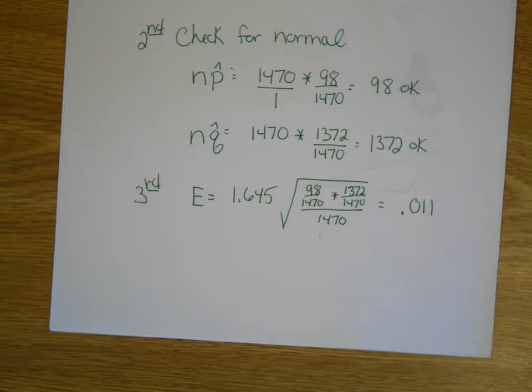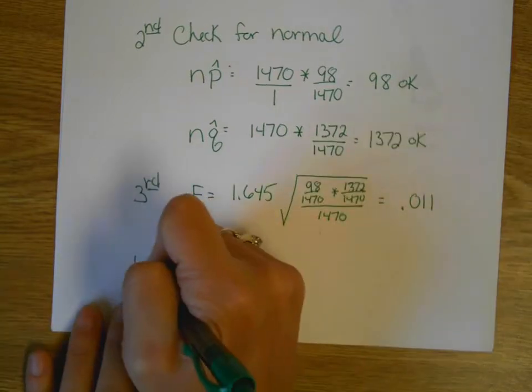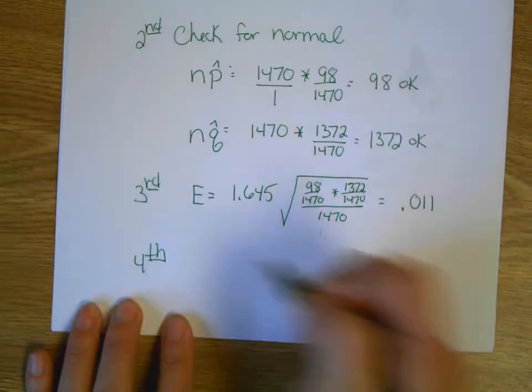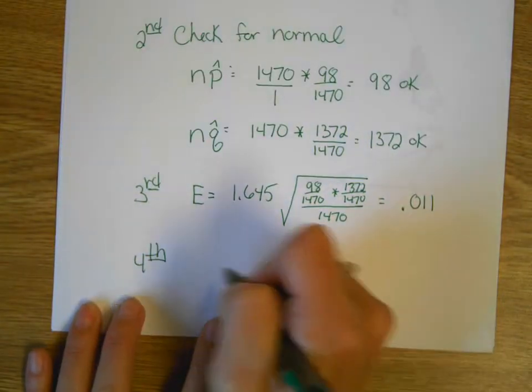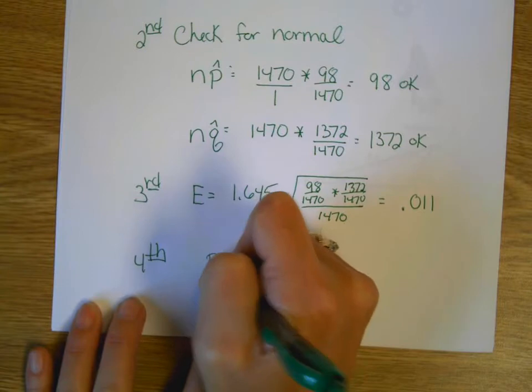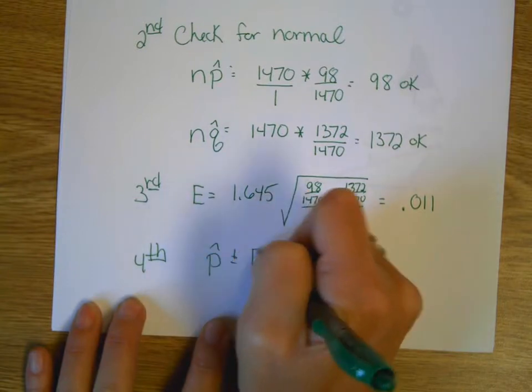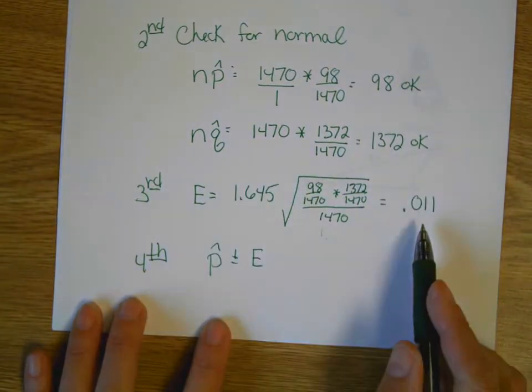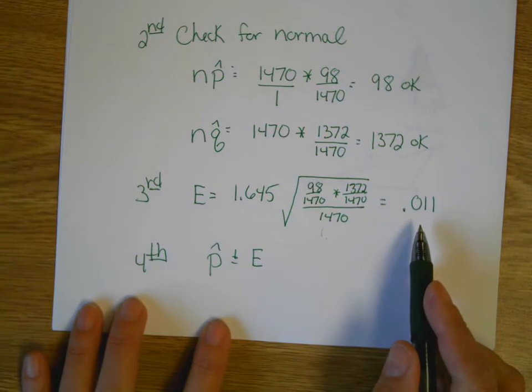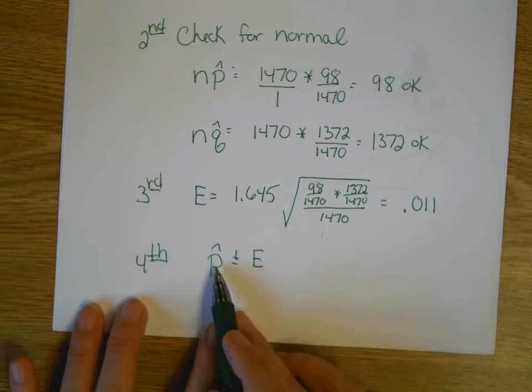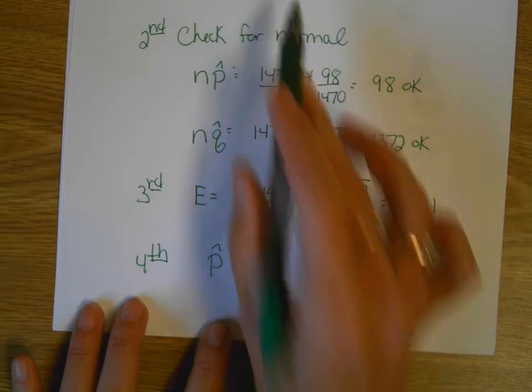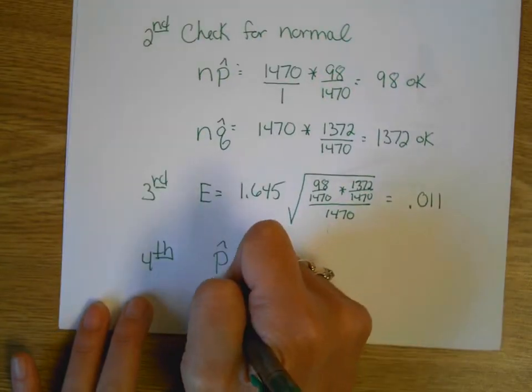Okay, now we're ready to write the interval. So we are going to take the p hat plus and minus our big E. And the book does all of these answers in decimals. So our p hat was a fraction, 98 over 1470.